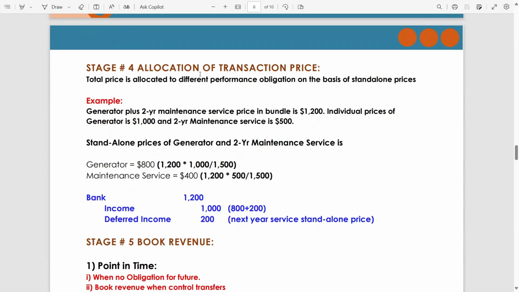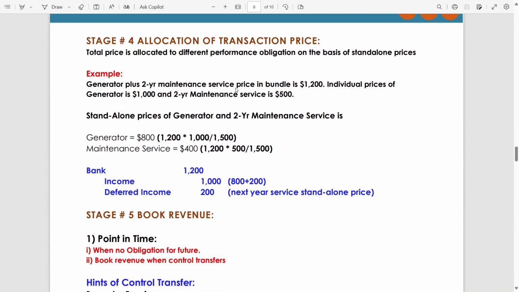Example: a generator plus 2 year maintenance service in a bundle, meaning in a single package, is priced at 1200, even though the individual price of the generator is 1000 and the 2 year maintenance service individual price is 500. So if you purchase these two things separately, it will cost you 1500, and in the bundle it will cost you 1200.